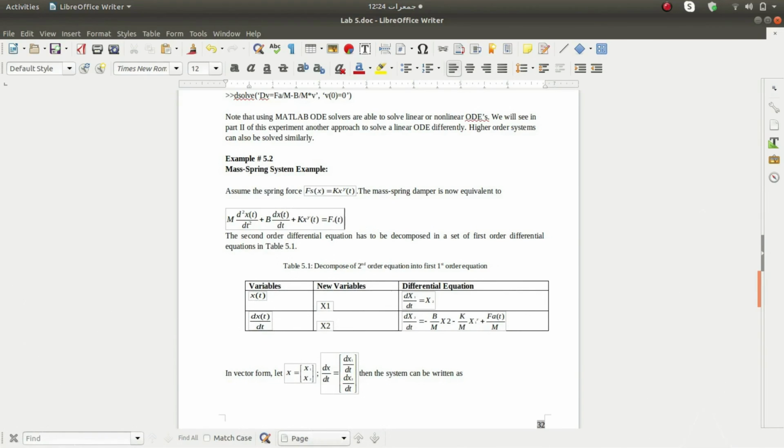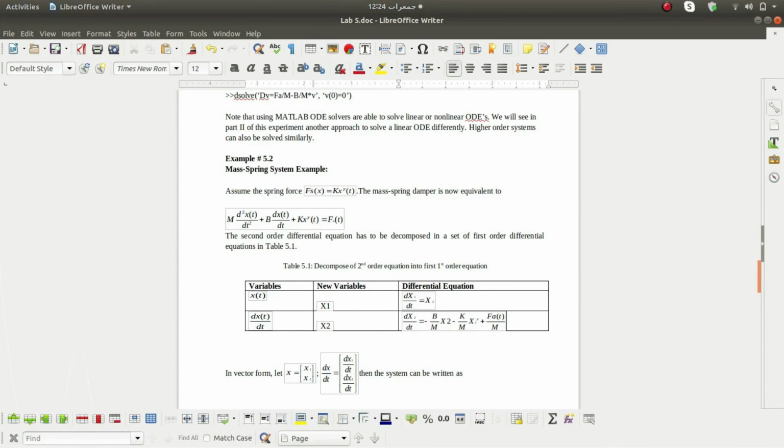I hope this substitution is clear to you all. So here you can see we derive this dx2 over dt by shifting these two to the right hand side and dividing by m, written over here.